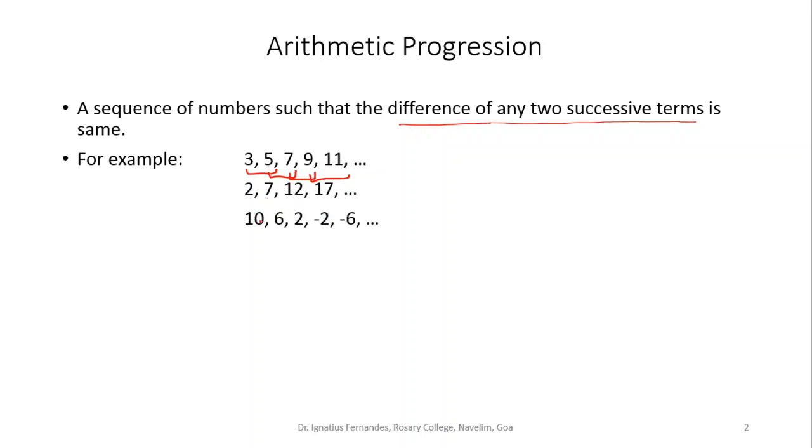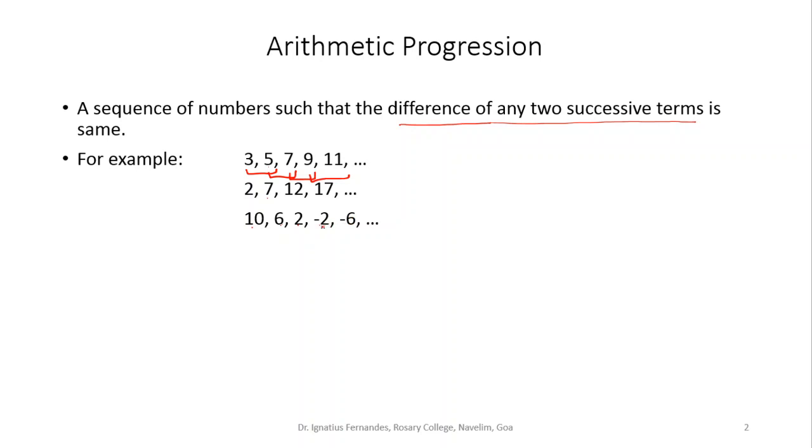The same way, I have 10, 6, 2, minus 2, minus 6. Now, is this an arithmetic progression? So look at consecutive terms. 6 minus 10 is minus 4. 2 minus 6 is minus 4. Minus 2 minus 2 is also minus 4.